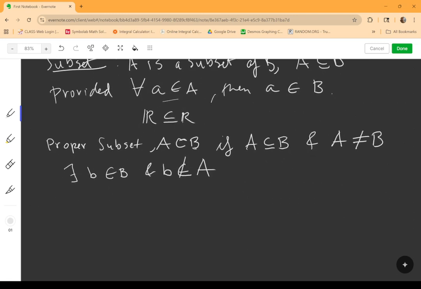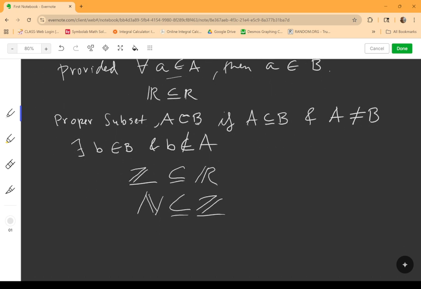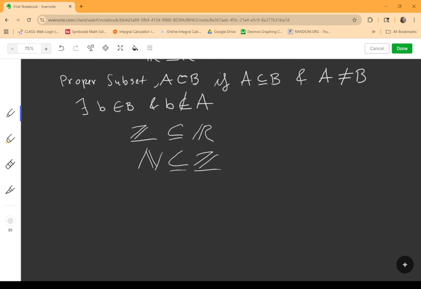So here, as proper subsets of the real numbers, we could say Z is a proper subset of the real numbers. The natural numbers is a proper subset of Z. And then this kind of relation here also leads us to our transitive property of sets.